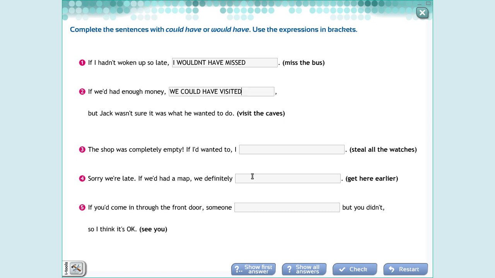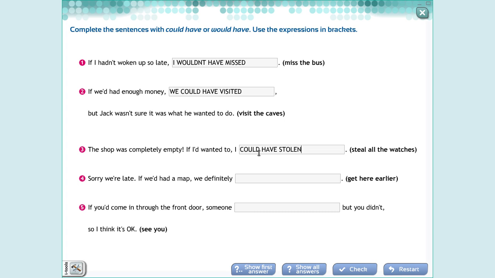If we had wanted to steal all the watches. Se a gente quisesse, a gente poderia ter roubado. So am I going to use would or could? Could. I could have stolen all the watches.